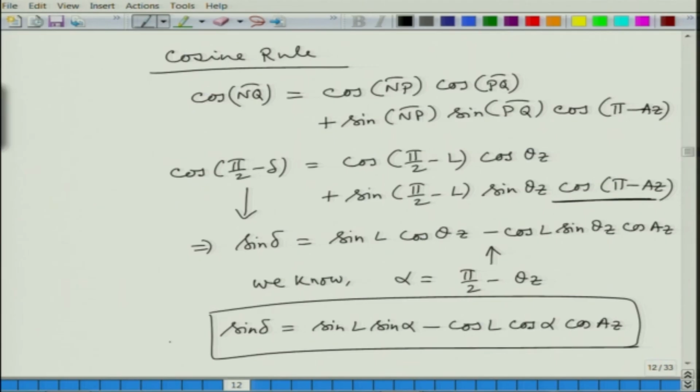So, let me stop here for this class, and in the next class we will continue using the spherical triangle on the surface of the earth, and we will connect the hour angle with these azimuth angles and get a completely general derivation that will be applicable anywhere on the earth for any surface, and that is our goal.